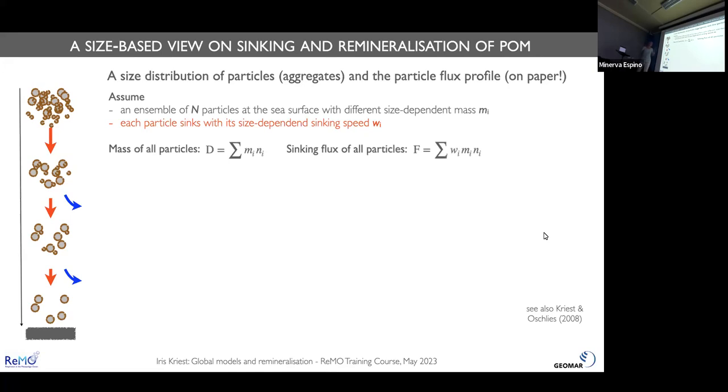So the full particle ensemble would result in the detritus mass that is pretty straightforward. It's simply the sum over all particles times the individual mass, and likewise the sinking flux of all particles would be the same, but additionally multiplied by the sinking speed. Very, very simple.